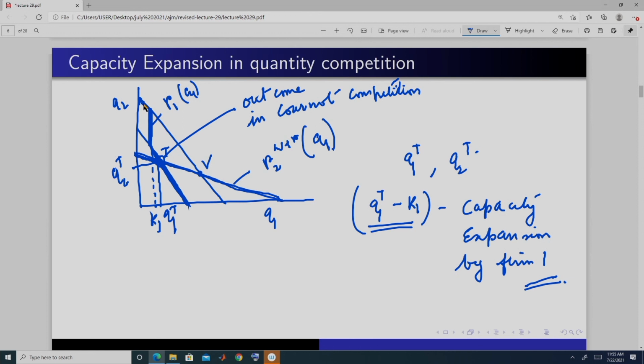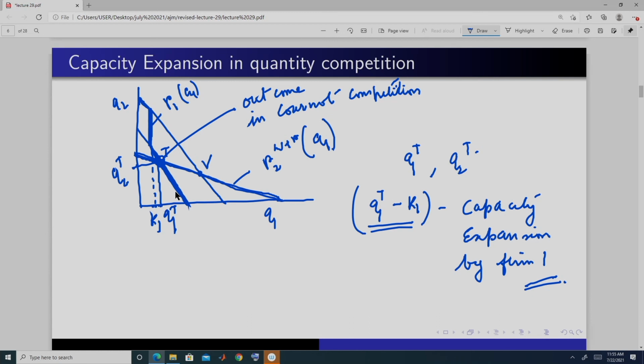Because this is the reaction function of firm 1 and this is the reaction function of firm 2, they intersect here. So, this point is the Cournot quantity competition outcome. The output of firm 1 is this, output of firm 2 is this, and this is greater than the capacity of firm 1.